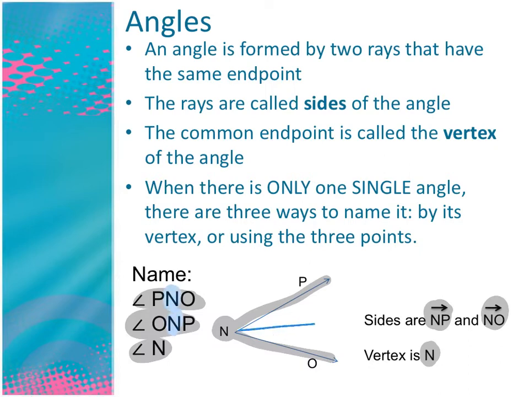As soon as I divide this and I put another angle in there, now you can no longer use N. Because if I said angle N, how are you to know which of those three angles I'm looking for? Either the big angle or the two smaller ones. So only if that vertex is used by just one angle can you use one letter. If not, you have to use 3.